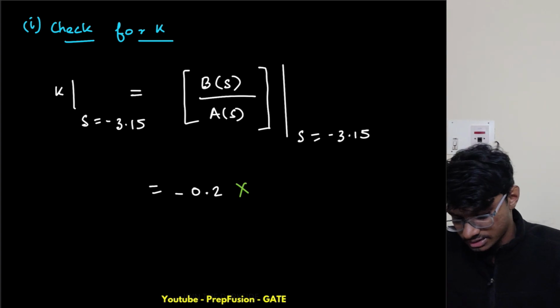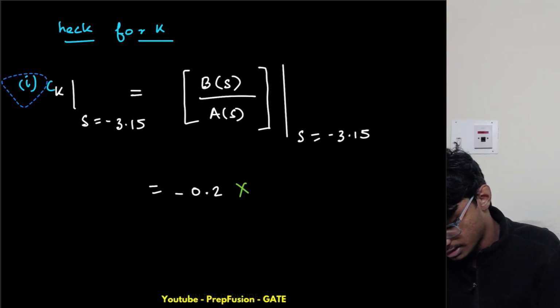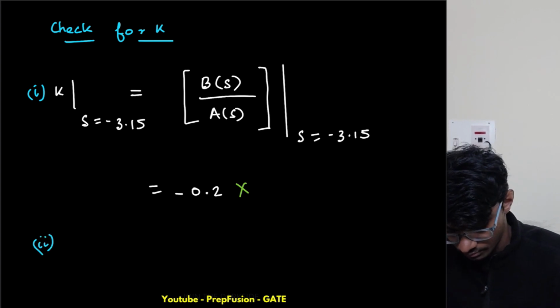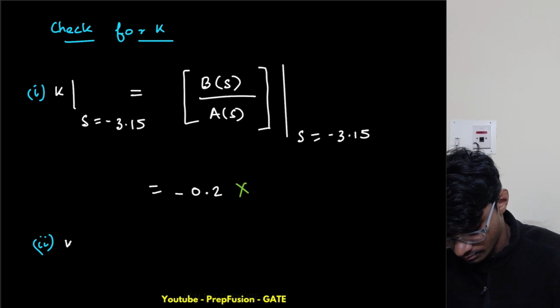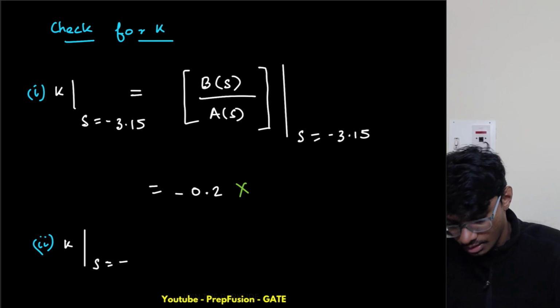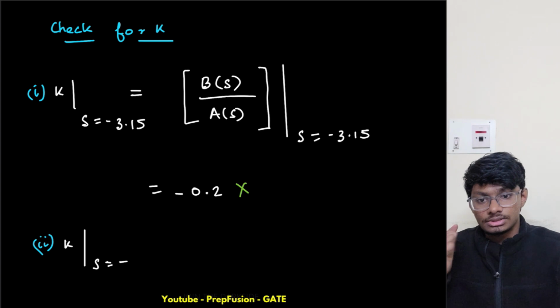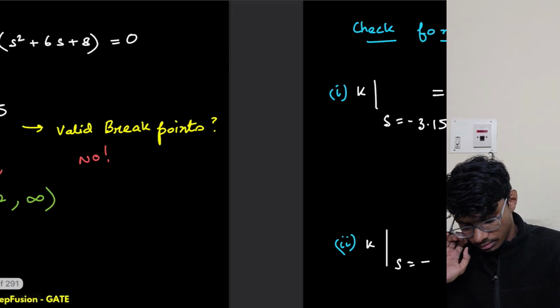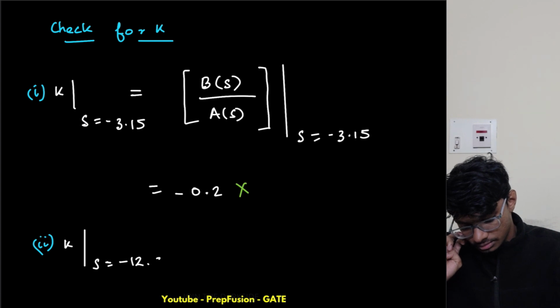And for the second case, what do I see? I see that I have minus 12.85.